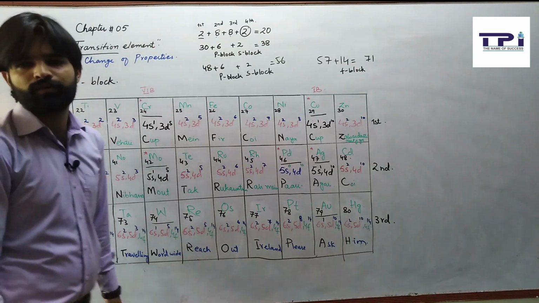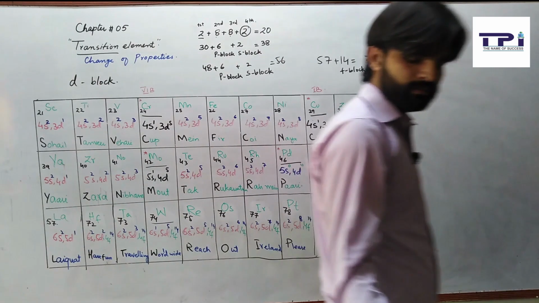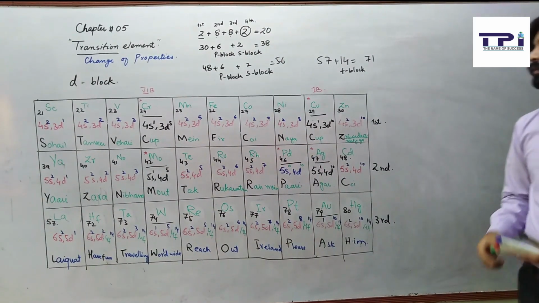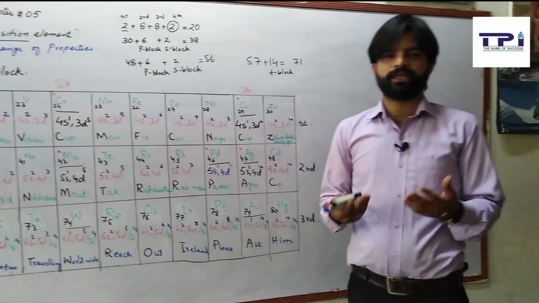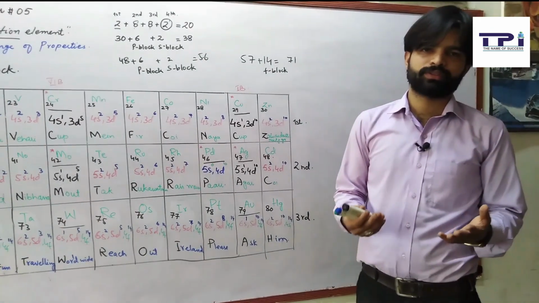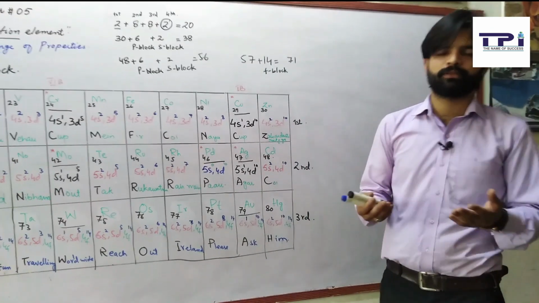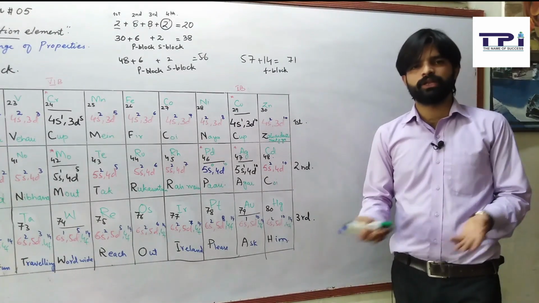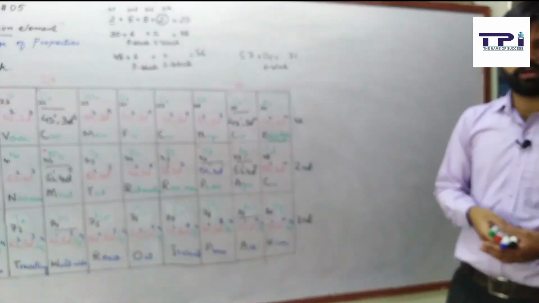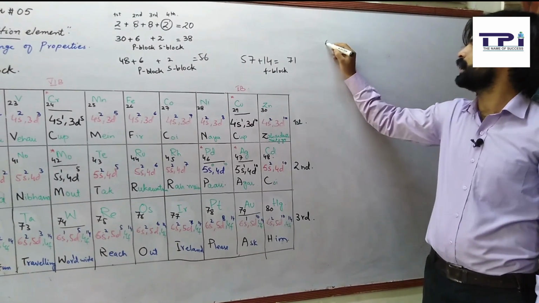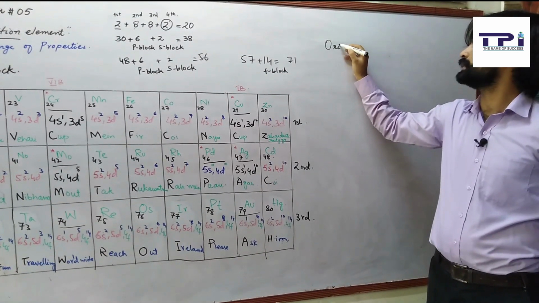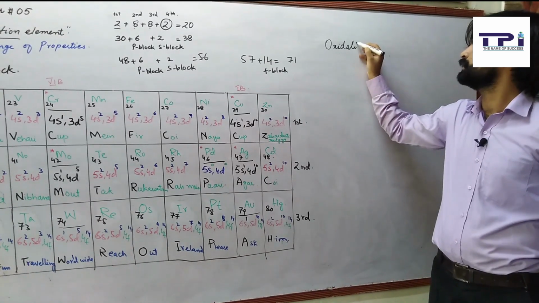Now proceeding forward, you have group trends. Normally group trends of S block and P block you have studied in chapter number 3 and chapter number 4, which are similar in chapter number 5. New group trends present in chapter number 5 are oxidation state.